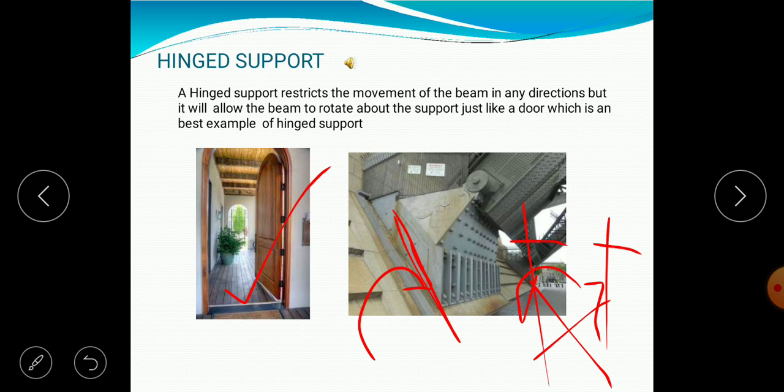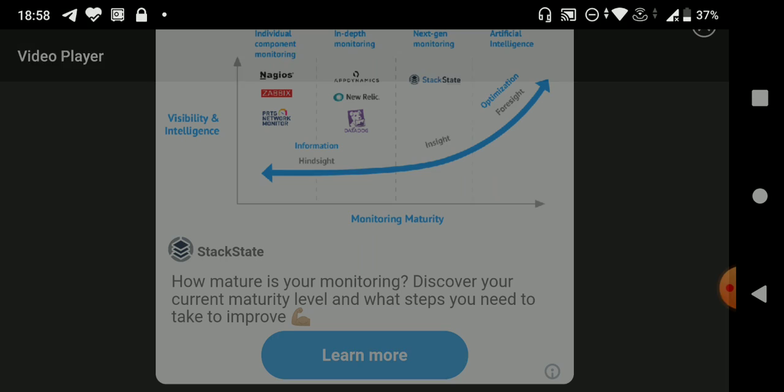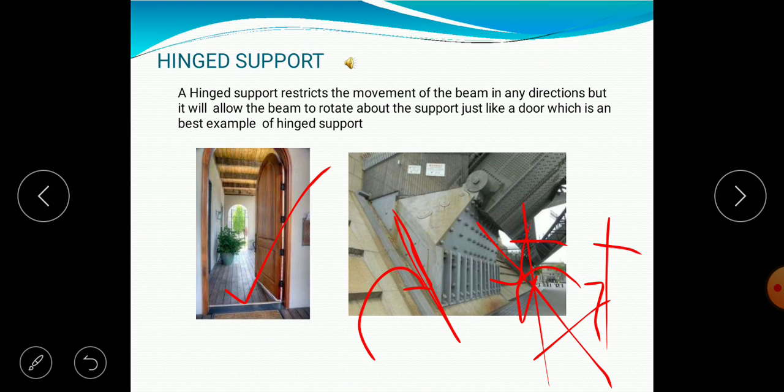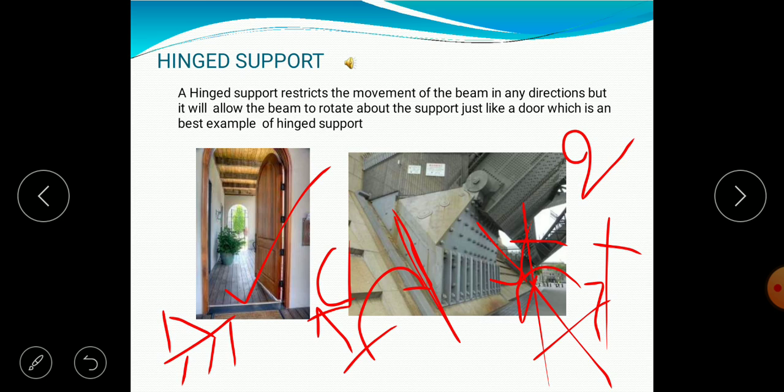So what about the number of reactions? Since there is an opposing force in the horizontal and vertical directions, it has 2 reactions and 1 degree of freedom, that is rotation, and this will be represented with a triangle with a base like this. So this is hinged support.